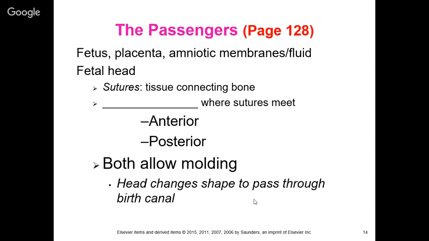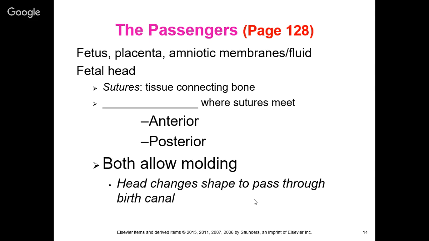Passengers: the fetus, the placenta, the amniotic membranes and fluid, the amniotic sac, the fetal head. The sutures are tissue connecting bones, and the fontanelles are where the sutures meet up.